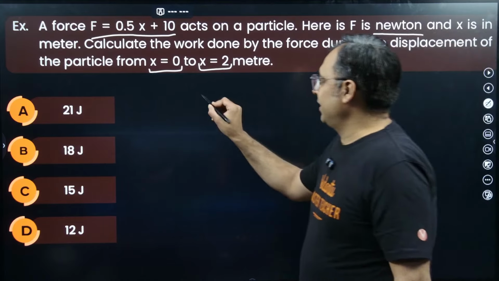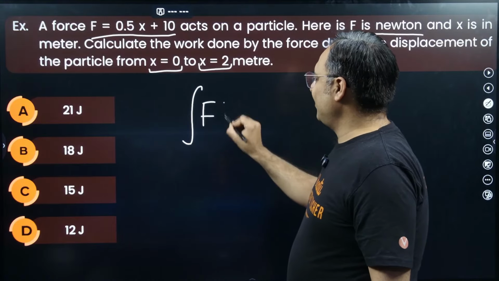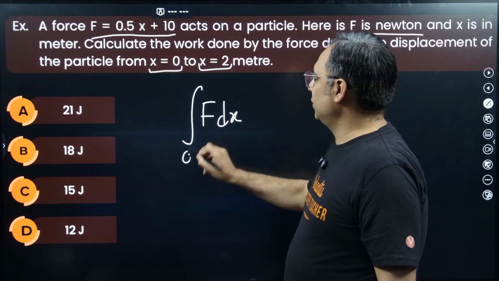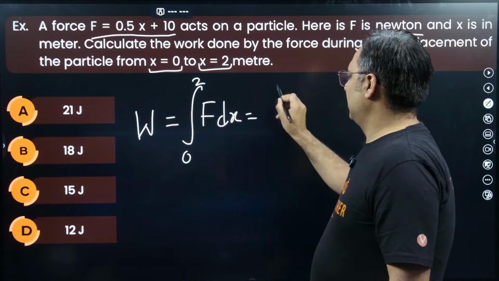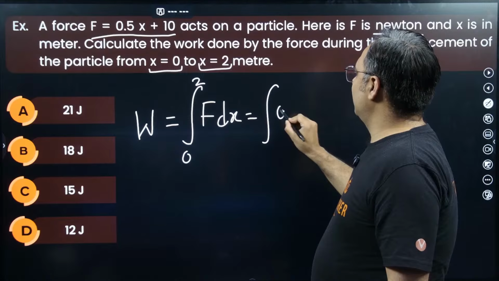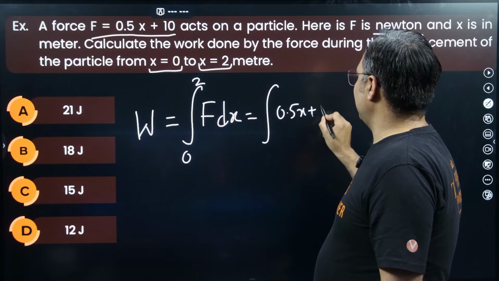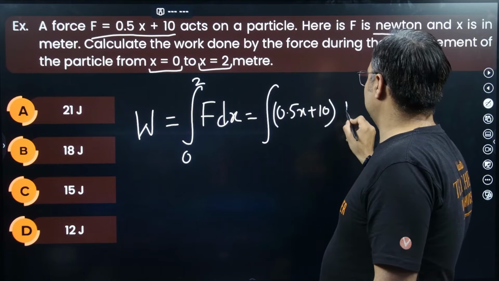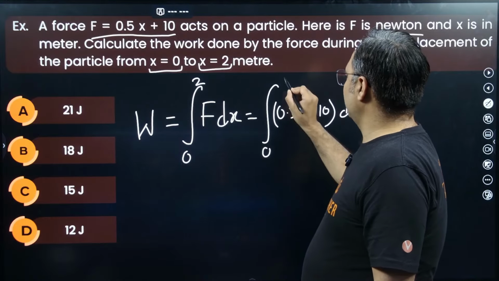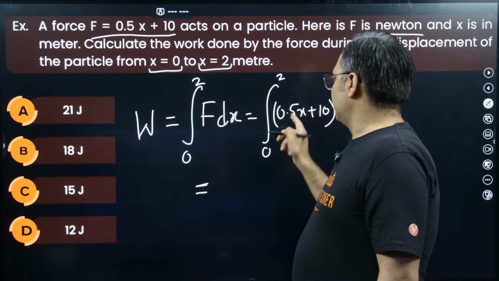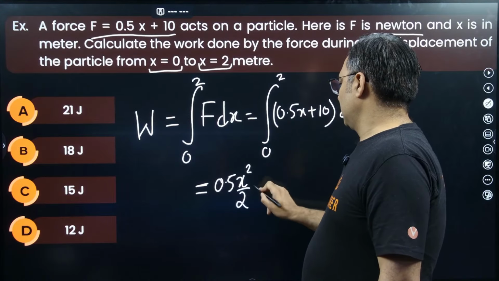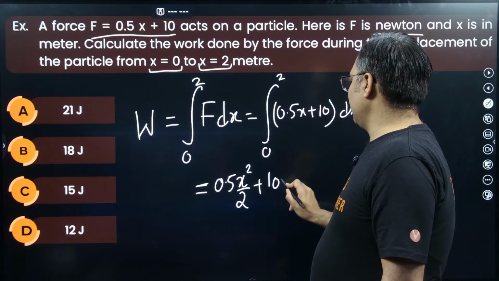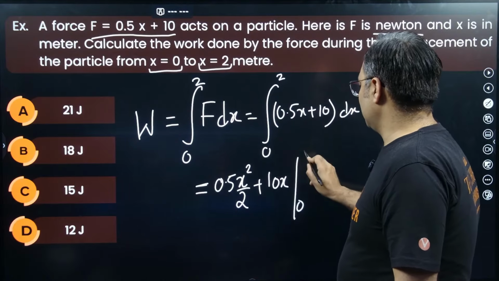Okay, so I'm just doing it. Integration f dx from 0 to 2. This is the work done. Now f will be 0.5x plus 10, dx, from 0 to 2. So this will be 0.5 into x square by 2 plus 10 into x from 0 to 2.